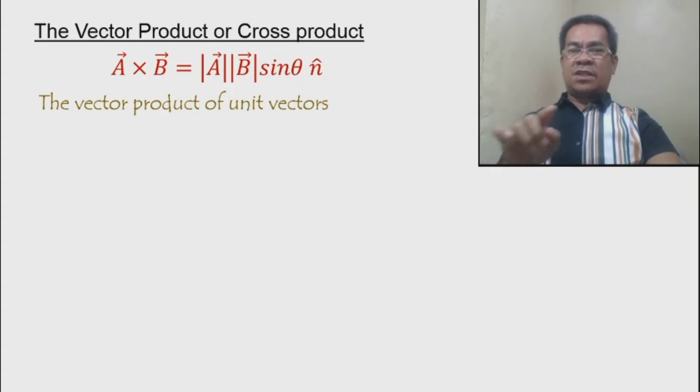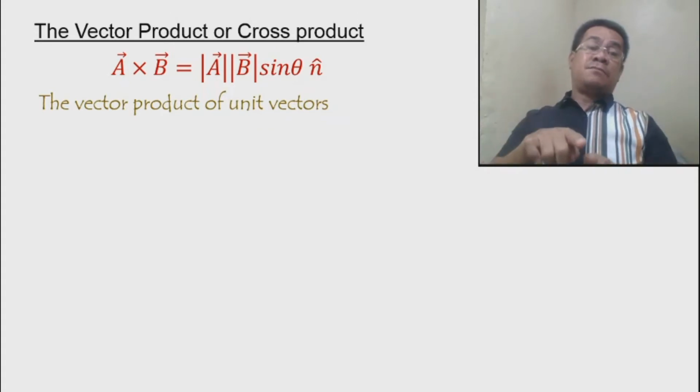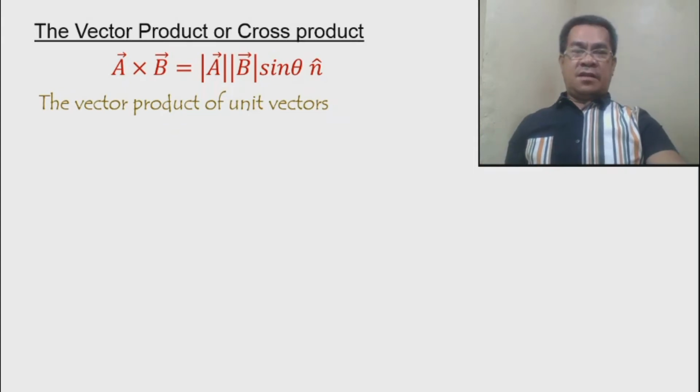Because they have the same direction, the dot product of I dot I is 1. But I dot J, where the angle between the two unit vectors is 90, will provide 0. So it is between 1 or 0 for the unit vectors.